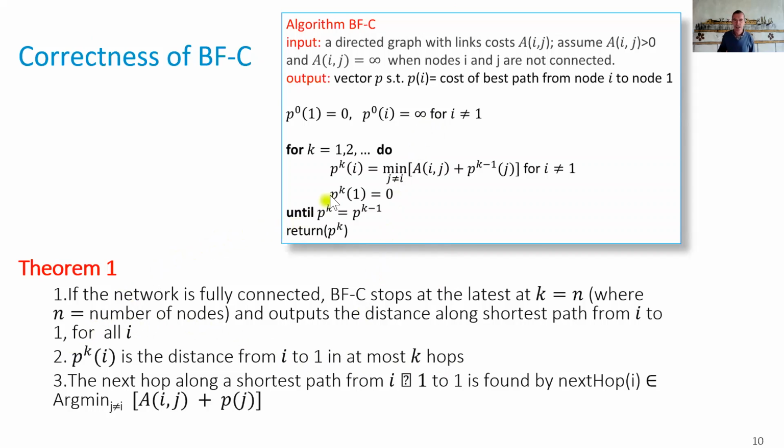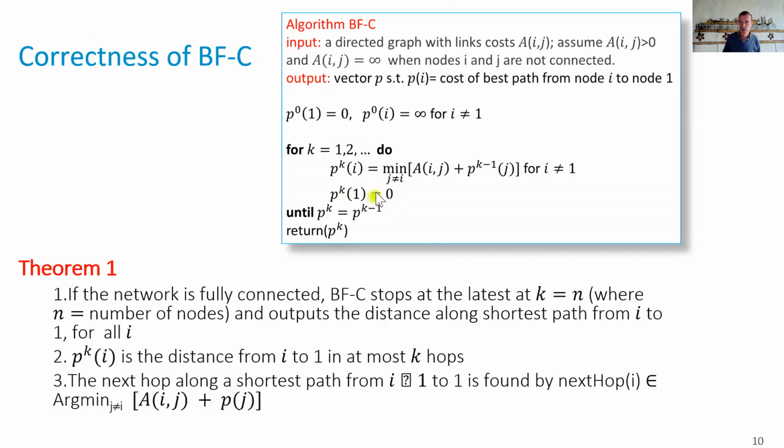We can easily see that at iteration 0, the distances are the distance in 0 hops, k equal 1. And if we apply this here, we obtain the distance if we allow 1 hop. So that's the immediate neighbors.